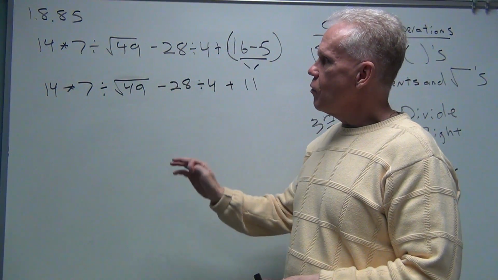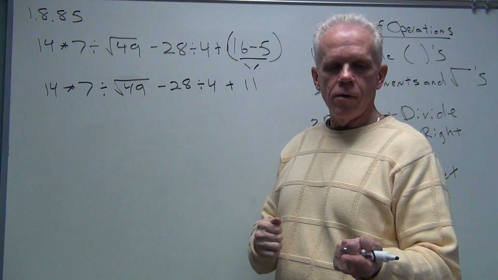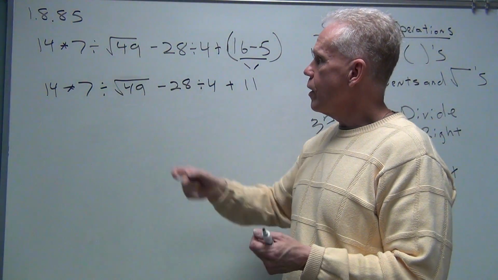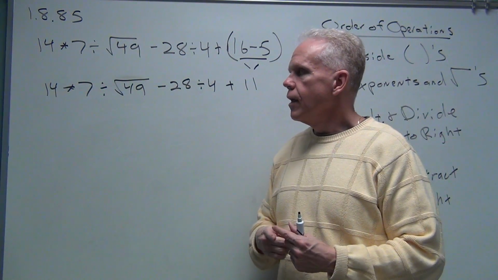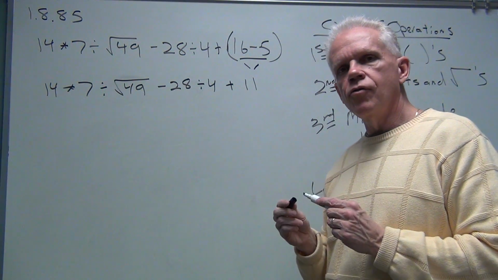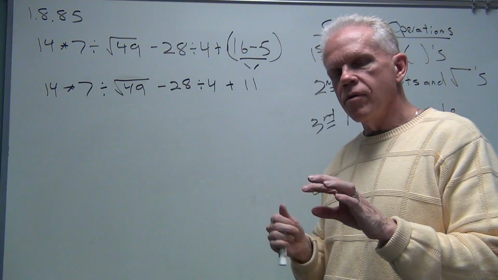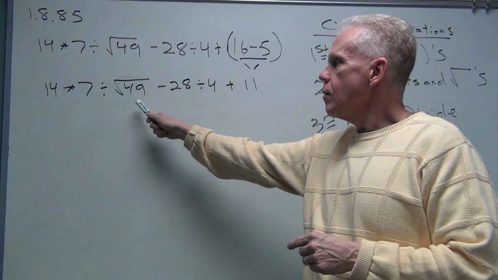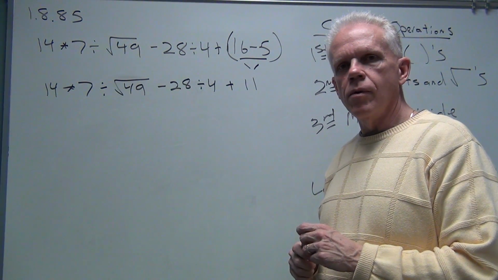Now, my next thing that I really need to take care of are the exponents and the square roots. Well, I have a square root of 49. Let's think about some square roots. Remember, a square root is when you can multiply a number times itself to get whatever number's inside the square root symbol.